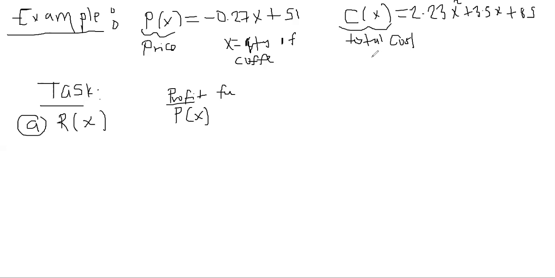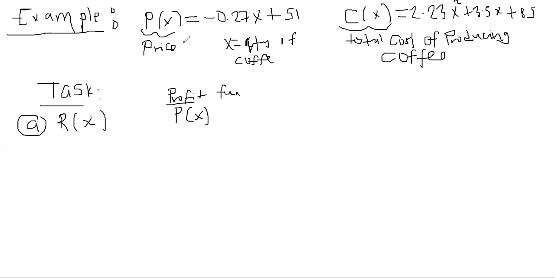So what they are telling you is that the cost of producing coffee is represented by this equation. Maybe an econometrician just did some regression and came up with this function. So the total cost of producing coffee. You can read the question to have more gist. Total cost of producing coffee.